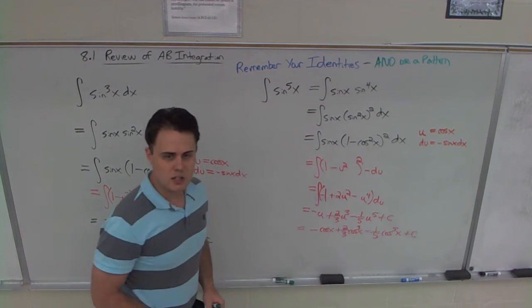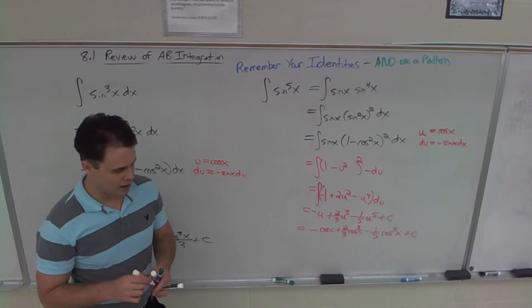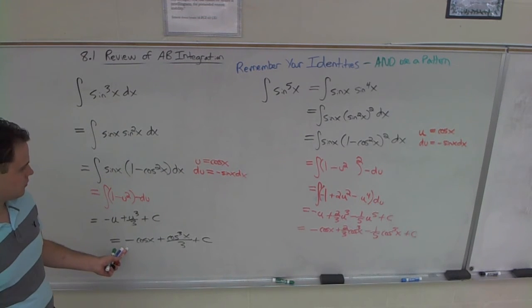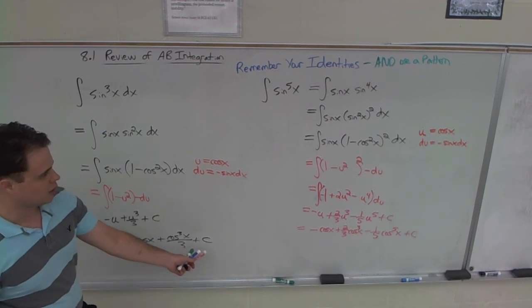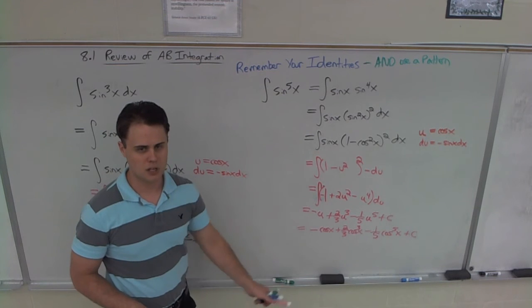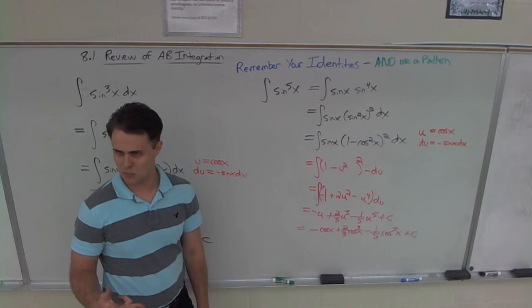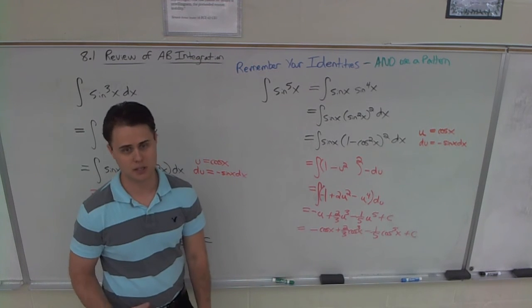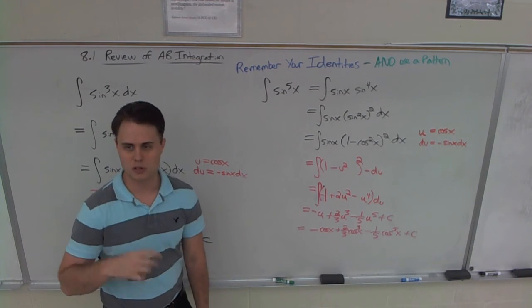So you might need to do one more to really see the pattern between this and this, but you can see it's going to be negative cosine. We started with 1/3. We're going to have 2/3 here, so the next one might be 3/3. We probably need to do the sine to the 7th power to track it. But you have a question like that, so you might need to do 3 before you can see the pattern.